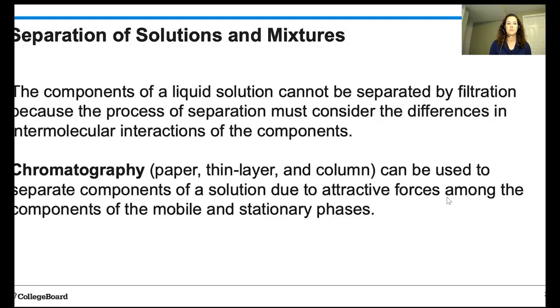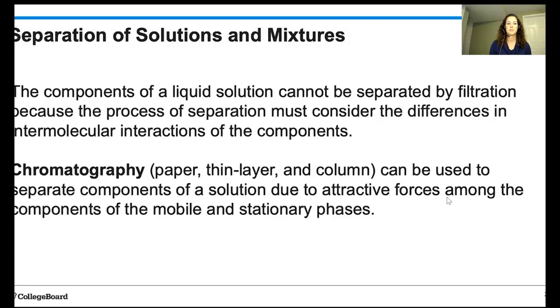Chromatography looks like filter paper. It's a very thin piece of paper that you can separate ink and dye on. But chromatography can also be a chromatography column, where it separates based on the intermolecular forces. So the column might be polar. It'll take up everything polar, and then everything that's non-polar can go through.